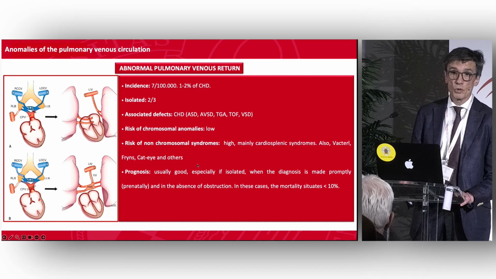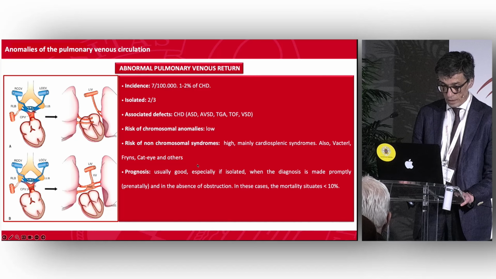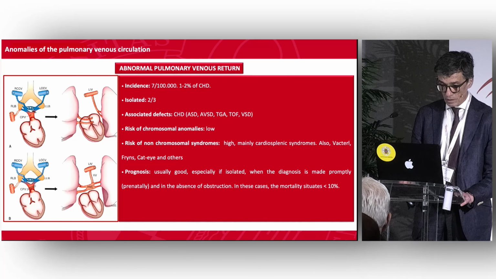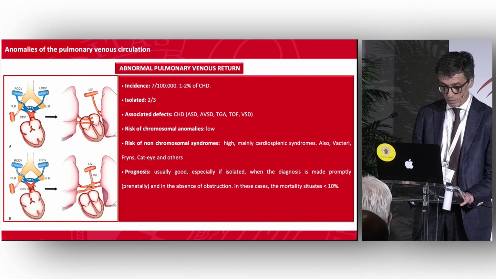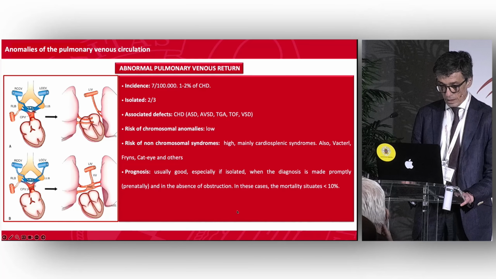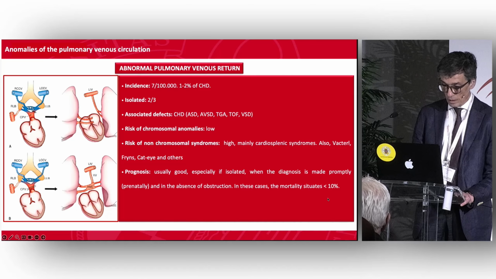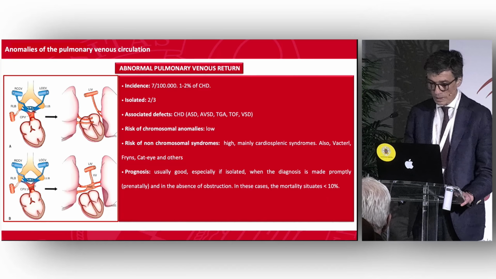The prognosis is usually very good, especially if isolated, especially if we make the diagnosis prenatally, and especially in those that are obstructed, and we will see these cases later on. When the abnormal pulmonary venous return is isolated and the diagnosis is made prenatally, the mortality is below 10%.